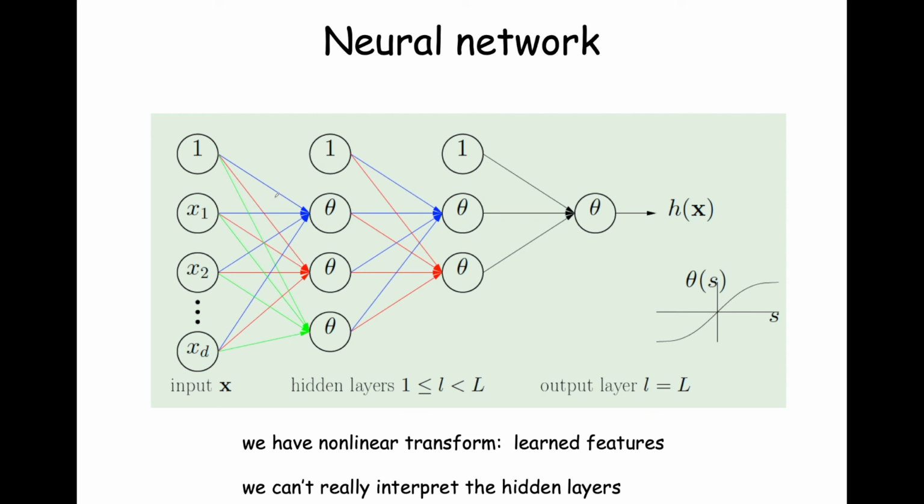And so you can't really interpret the hidden layers, but they are complexes of learned features that are increasingly aggregated, going from very simple combinations to combinations of those simple combinations. You can think of them as low-level features that are aggregated into high-level features and ultimately forming some hypothesis.